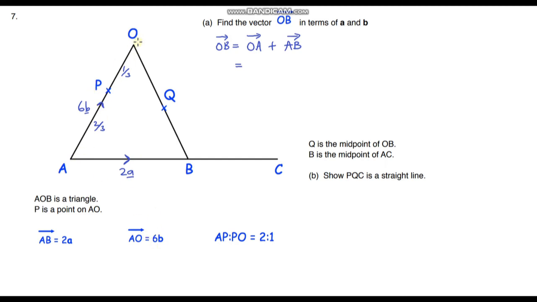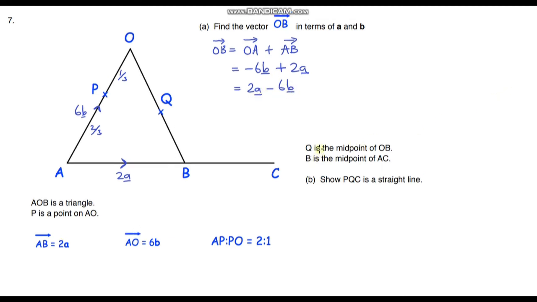So OA is just negative 6B. And then AB is just plus 2A. So that is our answer. I always like to put it in an order where we don't have a negative at the front. So if we put 2A minus 6B, that is our answer to part A.